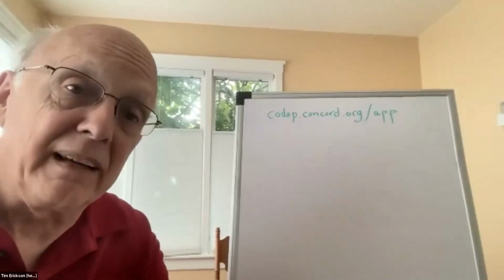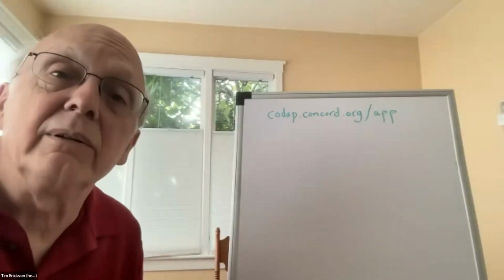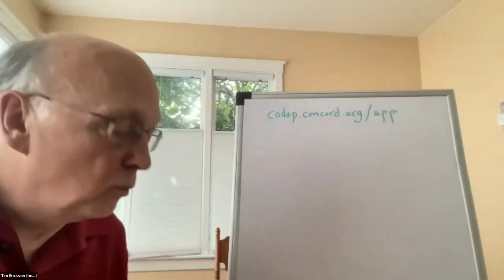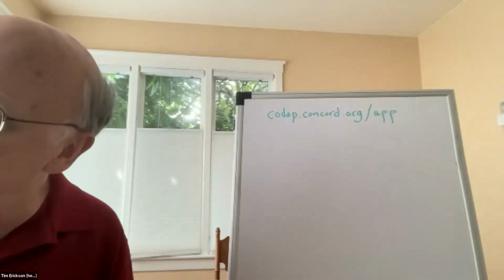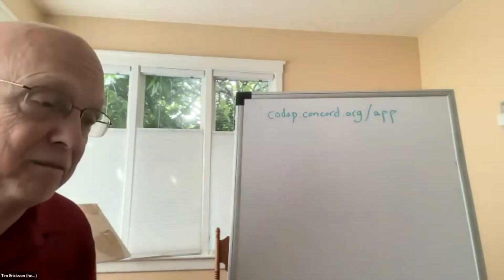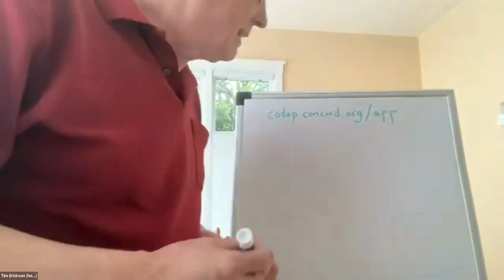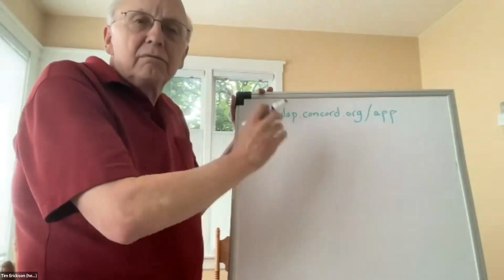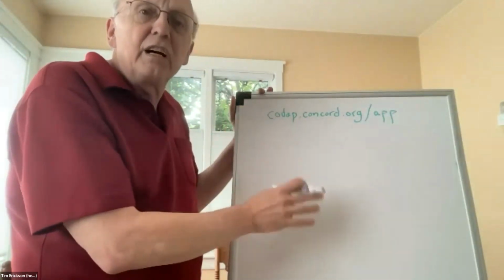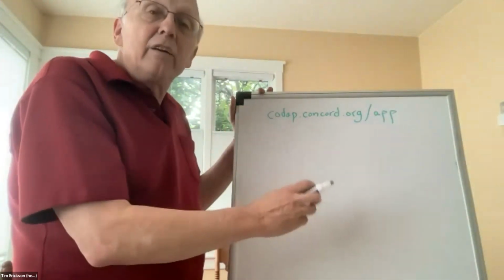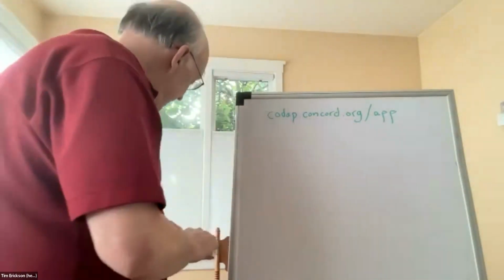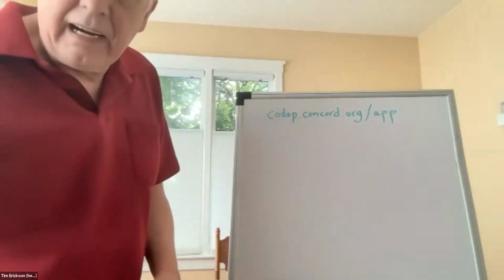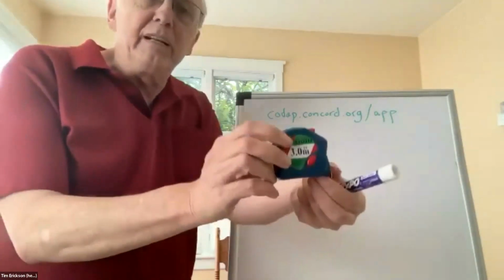But before we get there, I would like to talk to you a little bit about what the overall idea is. What's the modeling plan? And the modeling plan is there's going to be a geometrical diagram of some kind. And we are going to take measurements in this diagram. And I have here my 3-meter tape.